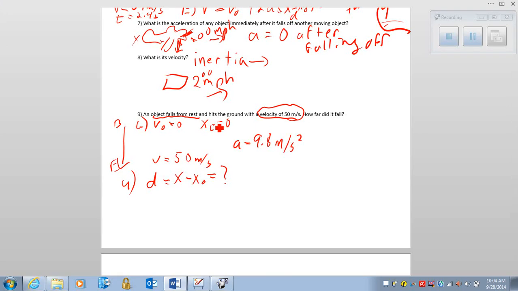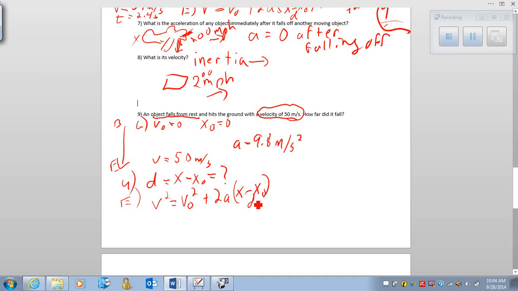And the equation that fits that bill is our third one that says the final velocity squared equals the initial velocity squared plus 2 times the acceleration times x minus x0.